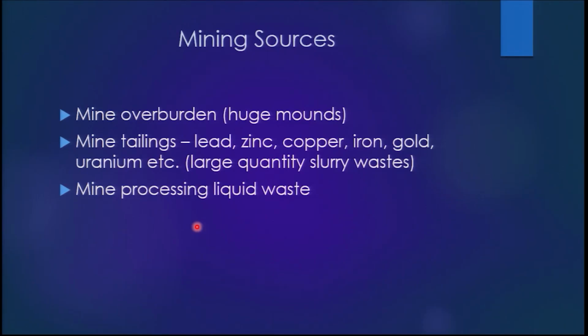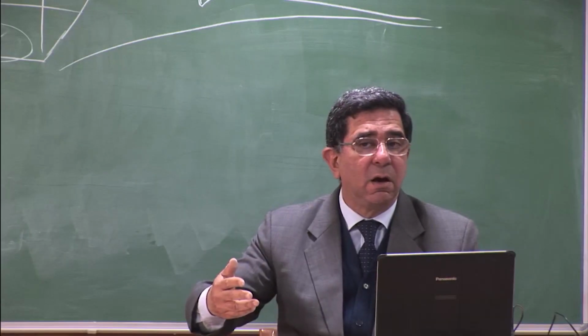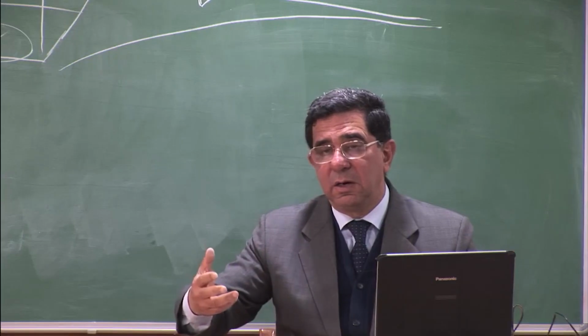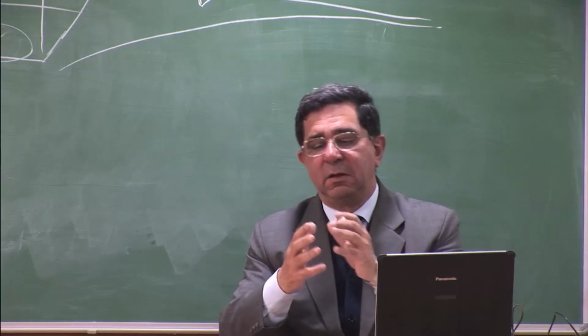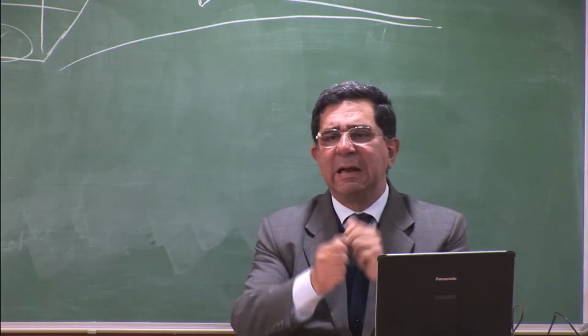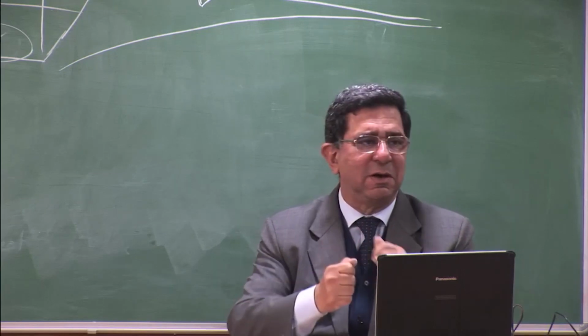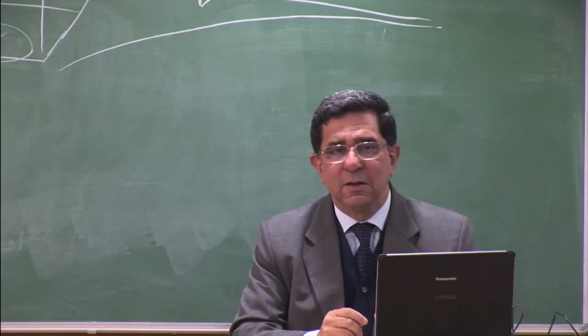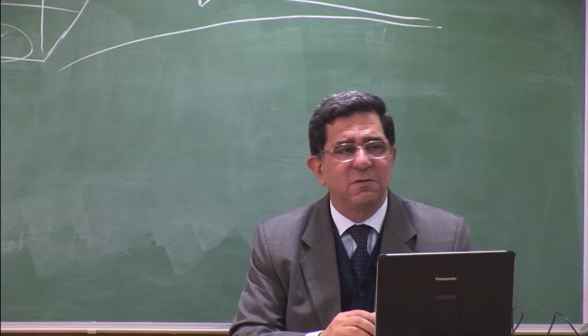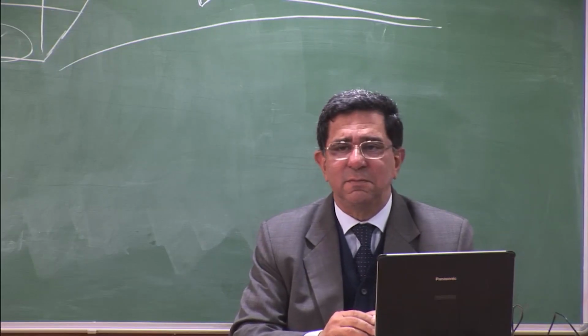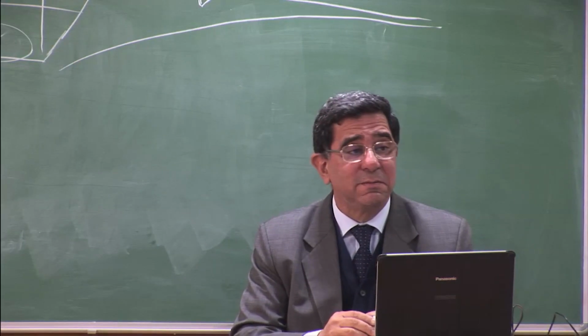If I'm doing the extraction of zinc from the ore, it's just not a physical separation. I take the rock and I crush it and crush it and crush it. Now it's fine, it's crushed. What is the specific gravity of zinc and what is the specific gravity of rock?